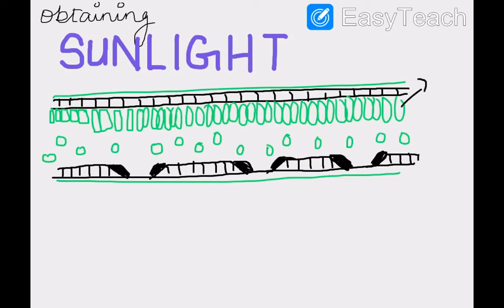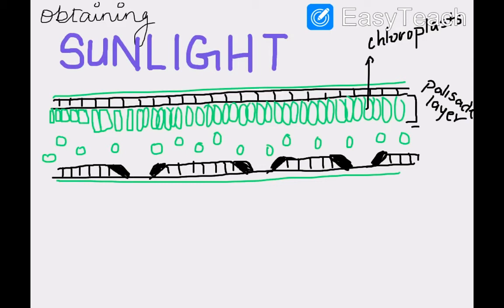And what this allows is to capture as much sunlight as possible so as to increase the amount of photosynthesis. So each of those little green blobs are chloroplasts, and at the top where they're all long and packed together, that is the palisade layer. And the bottom, more loosely packed chloroplasts are the spongy mesophyll layer.